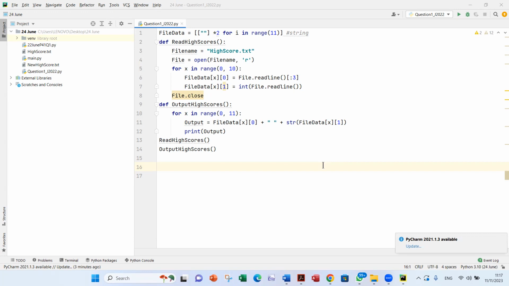PyCharm is very helpful rather than writing your code directly using Python IDLE. Python IDLE does not offer you any assistance in error finding and solving.